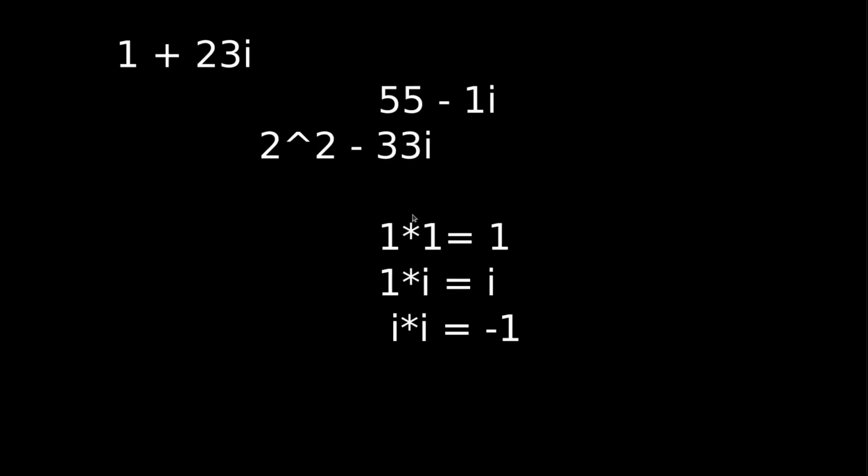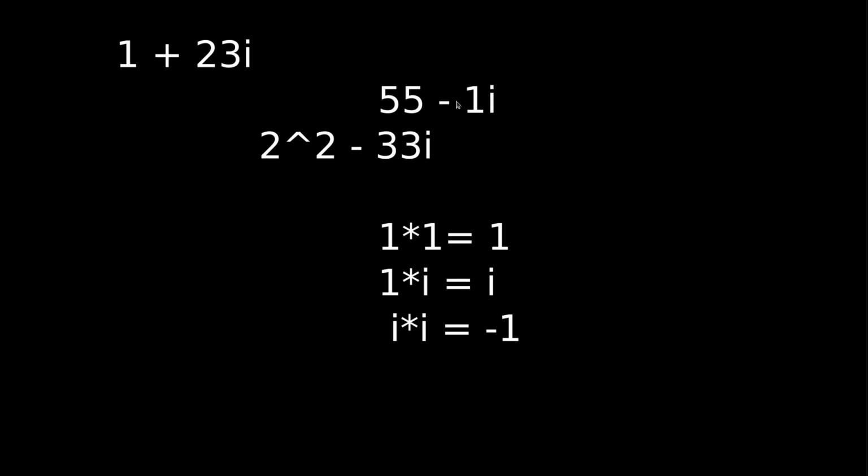So this is not very interesting, and some mathematicians came up with more interesting systems. For example, the complex numbers, which are like this: 1 plus 23i, or 55 minus 1i. So you have the normal number still, but you introduce another type of number called i. Normally it's called the real component and the imaginary component.